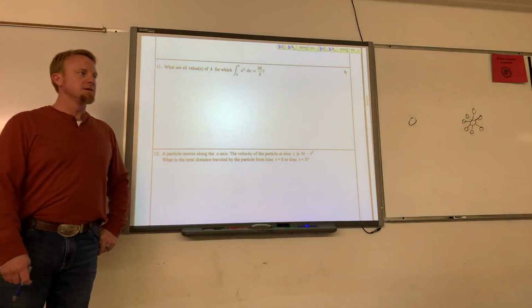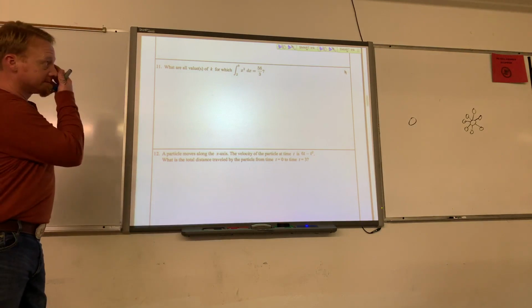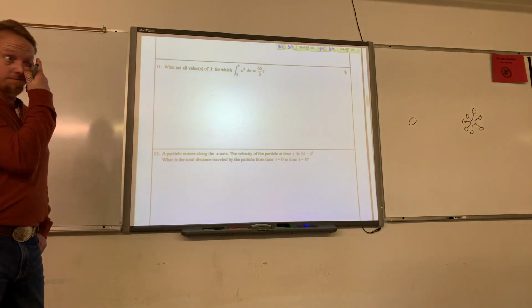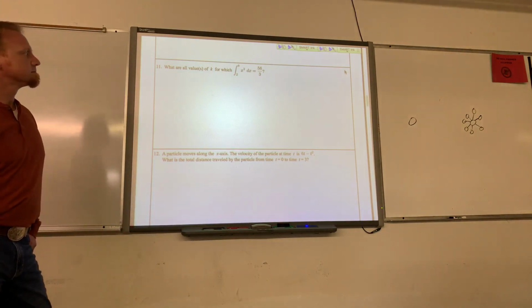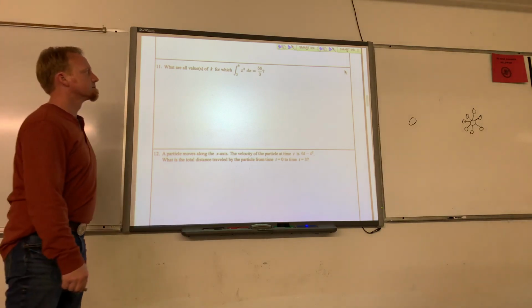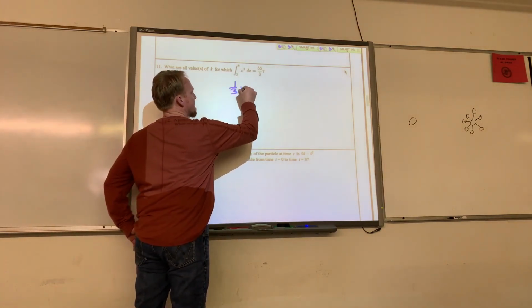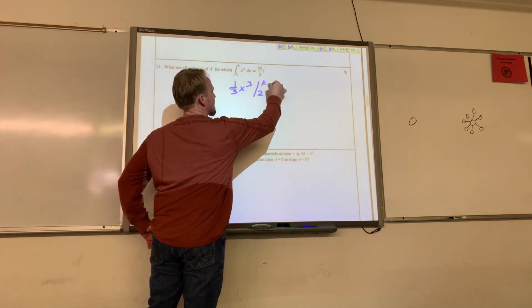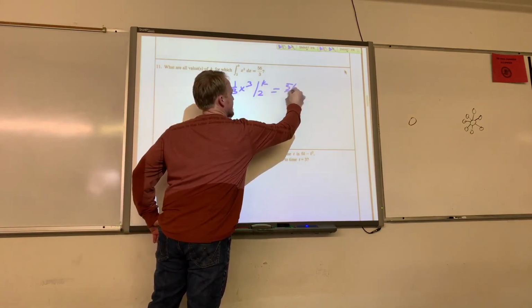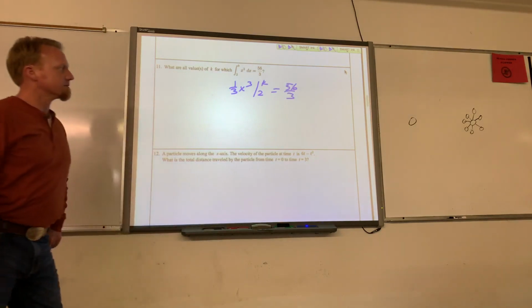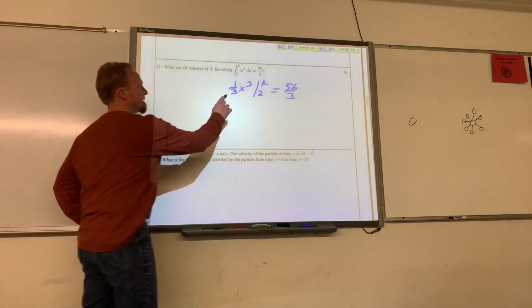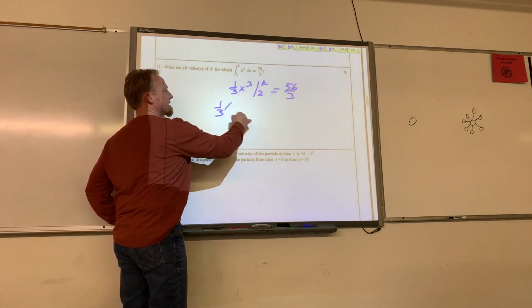Zach? Is this the one where you integrate it and you set it equal to the 56 over 3? Alright, so if I integrate x squared, I get 1/3 x cubed from 2 to k. And you plug it in. Set that equal to 56 over 3. I've got a 1/3 here, so it's going to stay out.